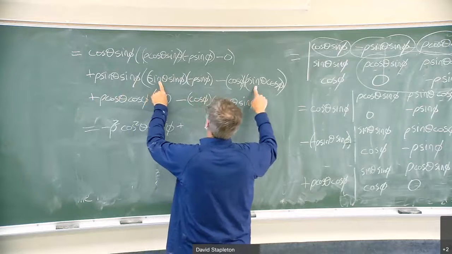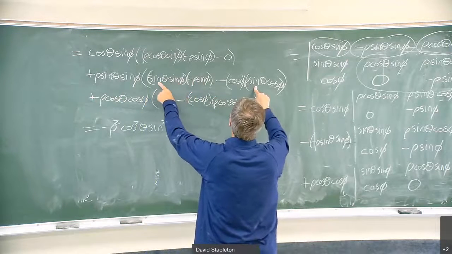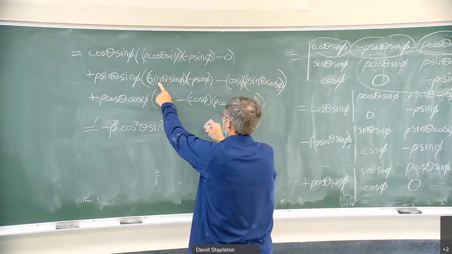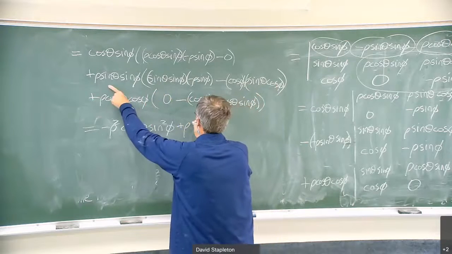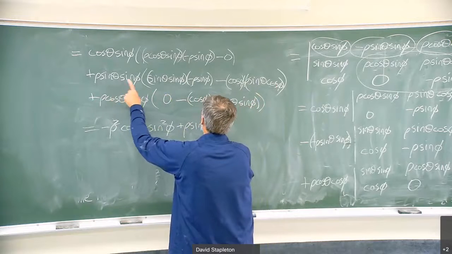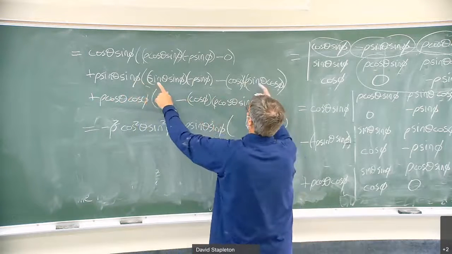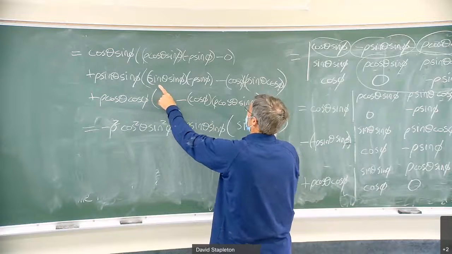Now this is rho sine squared phi sine phi, and this is rho cosine squared phi sine theta. So it's rho sine theta sine phi here times this stuff in parentheses, which all multiplies out to sine theta.